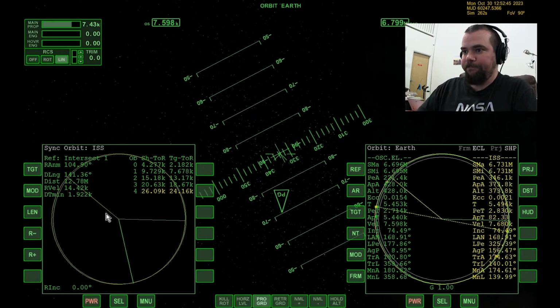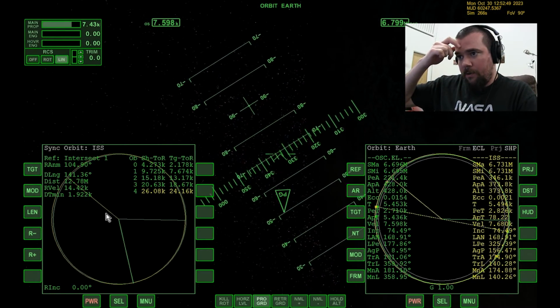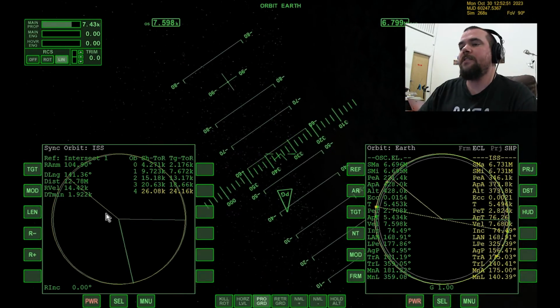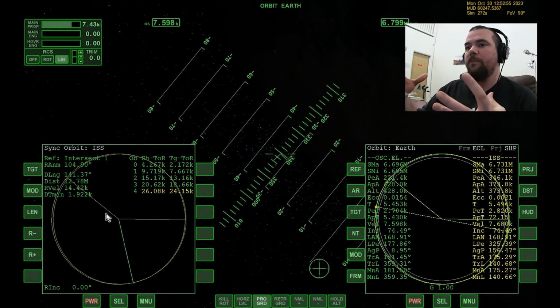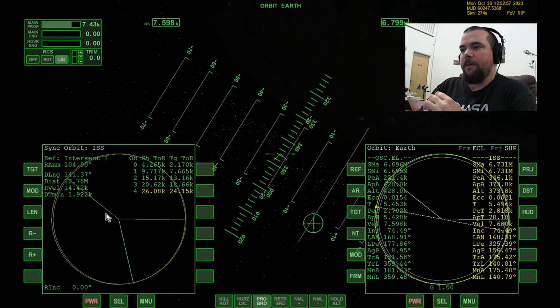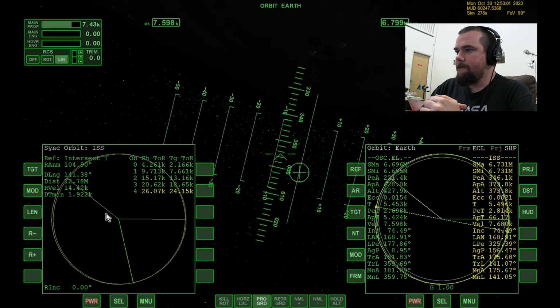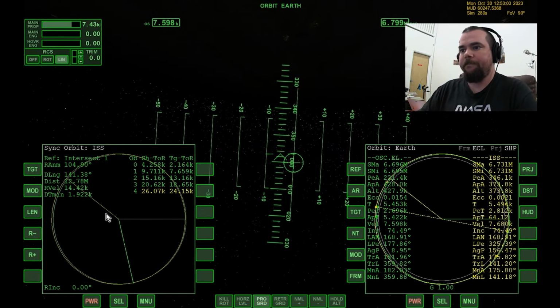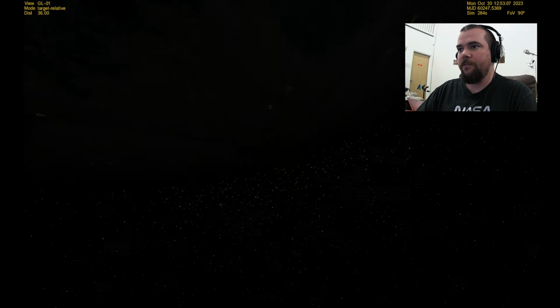I want to make my orbit larger, and that's the same operation I did earlier in the video. I just made my orbit much larger. Okay, so I get myself into a prograde direction here.